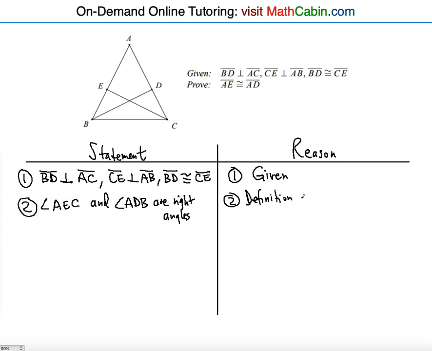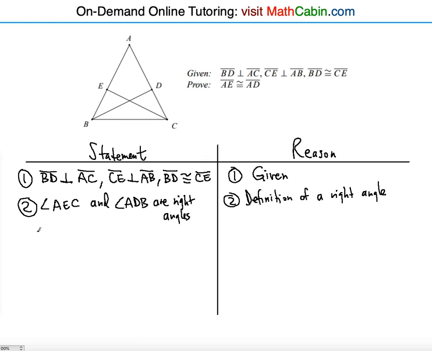The definition of a right angle states that when two line segments are perpendicular to each other, and in this case we have two sets of mutually perpendicular line segments, then a right angle is formed. So that's why we have two right angles, because we have two cases when the lines are perpendicular to each other. So AEC is a right angle and ADB is a right angle as well.